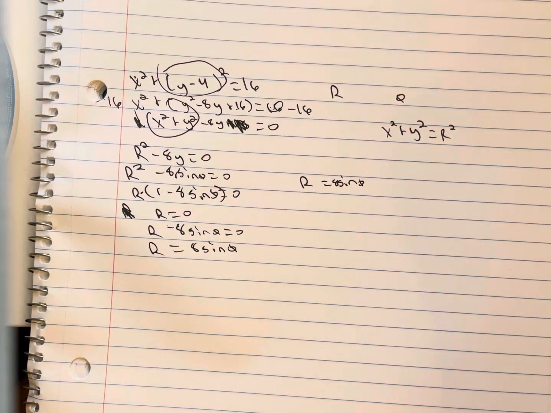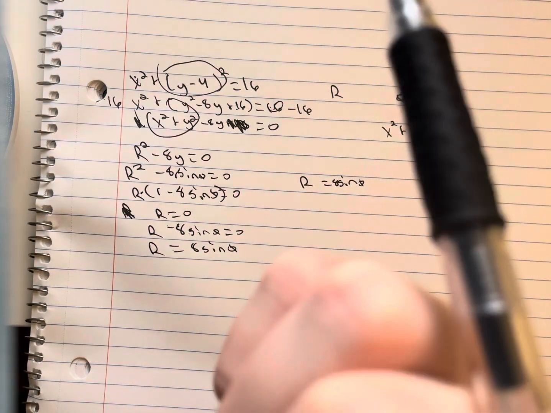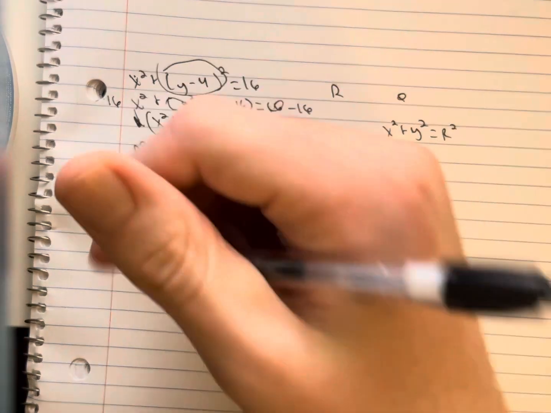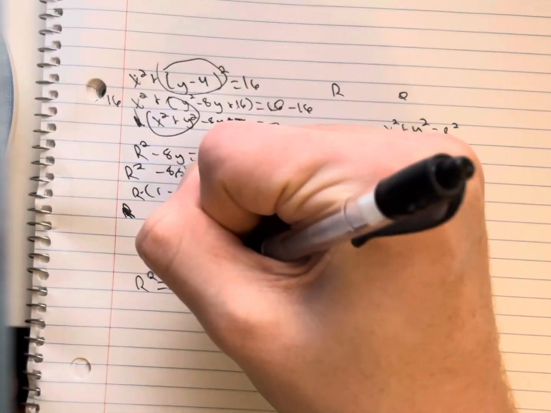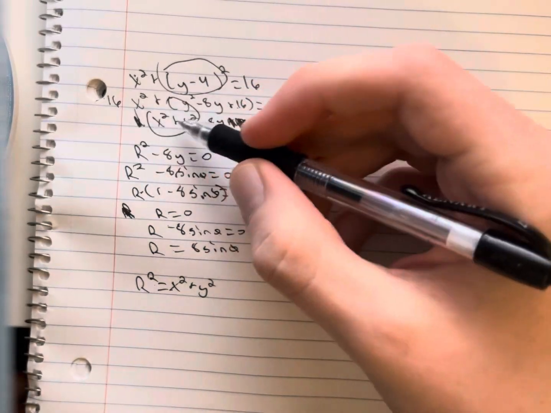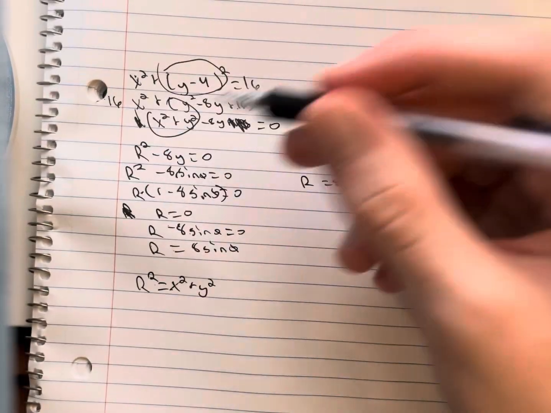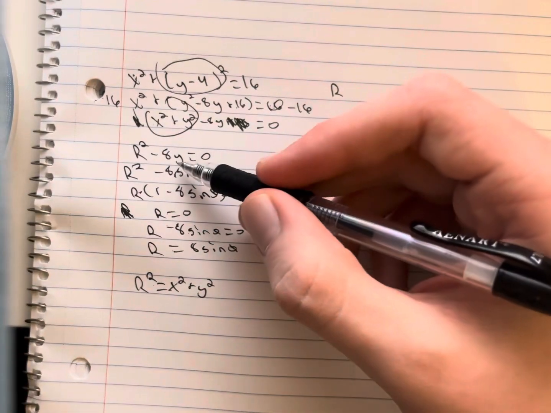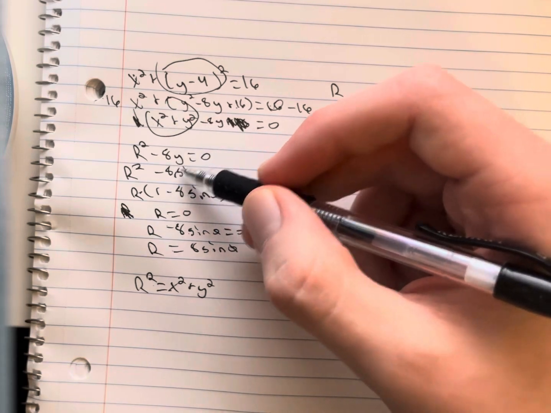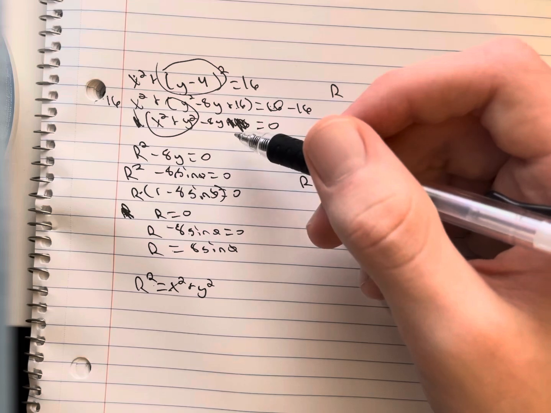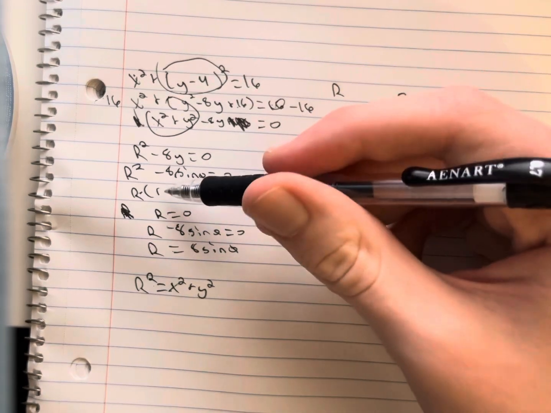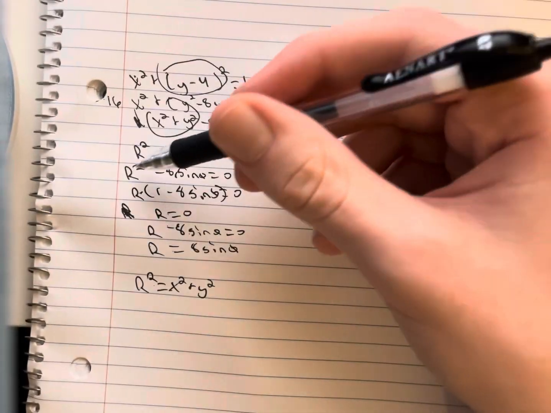So to recap, let's remember our polar to rectangular coordinate form identities. So r squared equals x squared plus y squared. If you see x squared plus y squared, it's going to equal r squared. Gotta convert these x's and y's into r sines and r cosines, and you're likely gonna have to factor out an r.